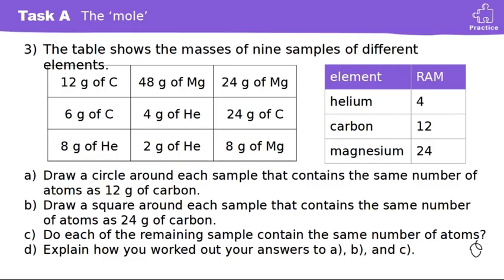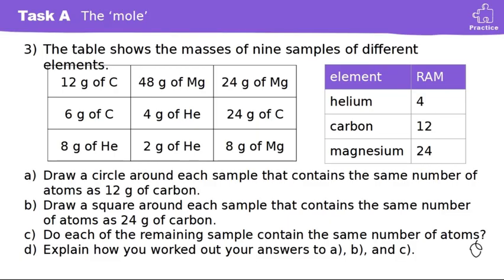C, do each of the remaining samples contain the same number of atoms? Explain how you worked out your answers to A, B, and C. It's got a table on the side saying that the elements helium, carbon, and magnesium have a relative atomic mass of helium 4, carbon 12, and magnesium 24.